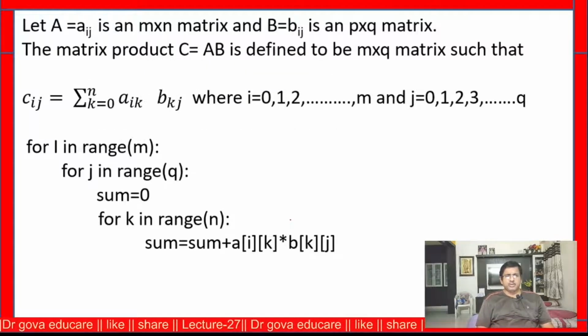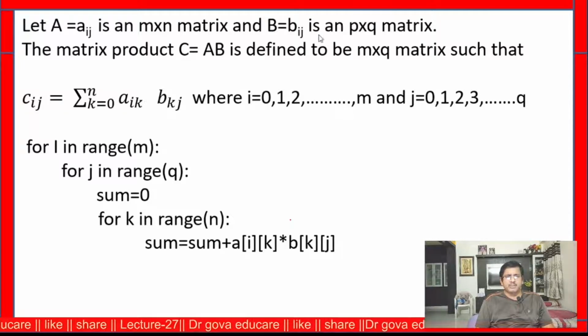Next, multiplication of the two matrices. A is equal to Aij, an M by N matrix, and B is equal to Bij, a P by Q matrix. The matrix product C is equal to A into B, defined to be M by Q. Now, the compatibility condition is that the columns of A must be equal to the rows of matrix B, then only matrix multiplication is possible.